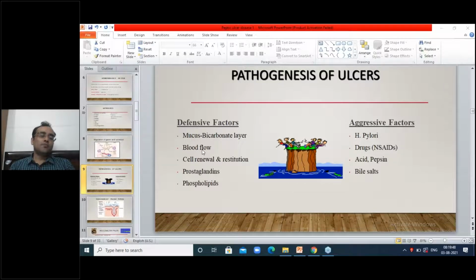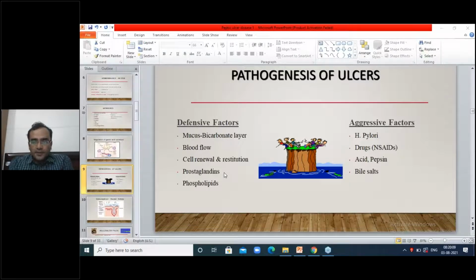The other is the blood flow, which removes the various toxins and the acid and pepsin from the site and helps maintain a continuous epithelial layer. The other is cell renewal and restitution, prostaglandins and phospholipids.